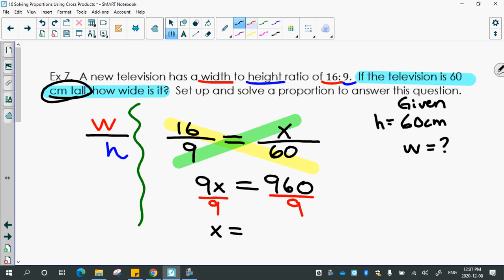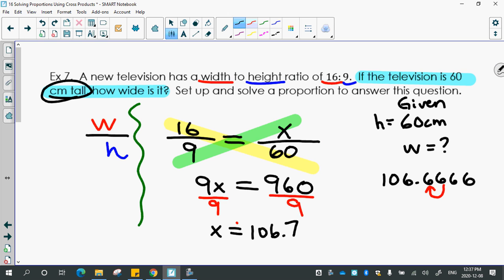X is, did you get 106.6666? If we round to one decimal place, then this 6 tells me to round that up to a 7. So it would be approximately 106.7.